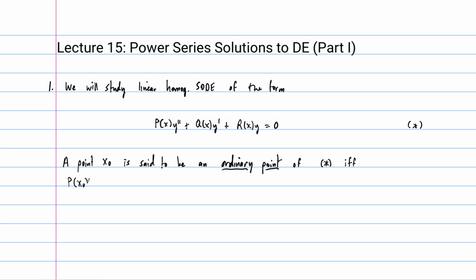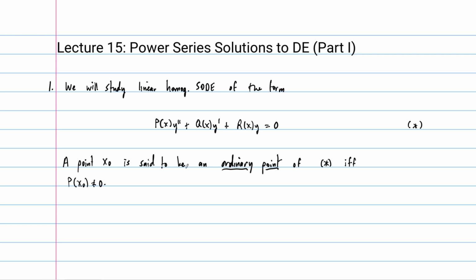One is that p of x naught is not equal to 0. If p of x naught is not 0, that means that obviously we can divide through by p of x, at least near this point. Let's just leave it at that for now. We'll return to this definition of ordinary point a little later in this lecture, and we'll add some criteria to this. But for now, p of x naught not equal to 0 is enough for us to call this an ordinary point.